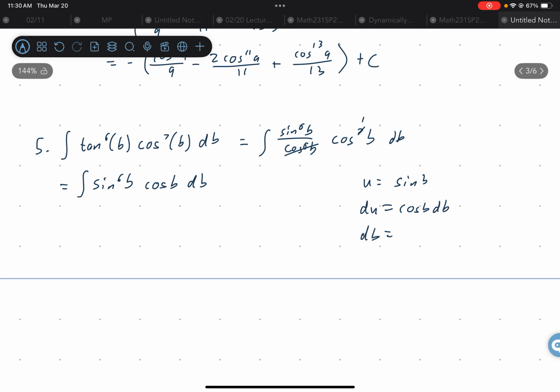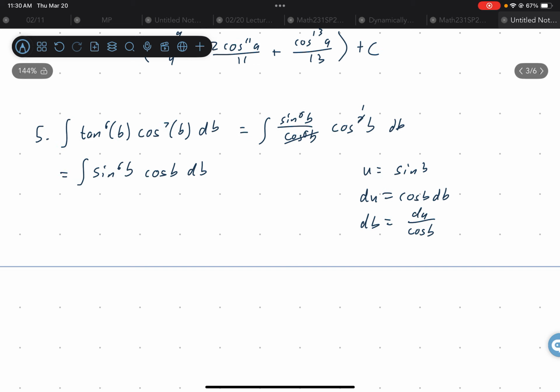Now db equals du over cosine b. So we're going to have u to the 6 times cosine b times, and then db is replaced with du over cosine b. These cancel out.